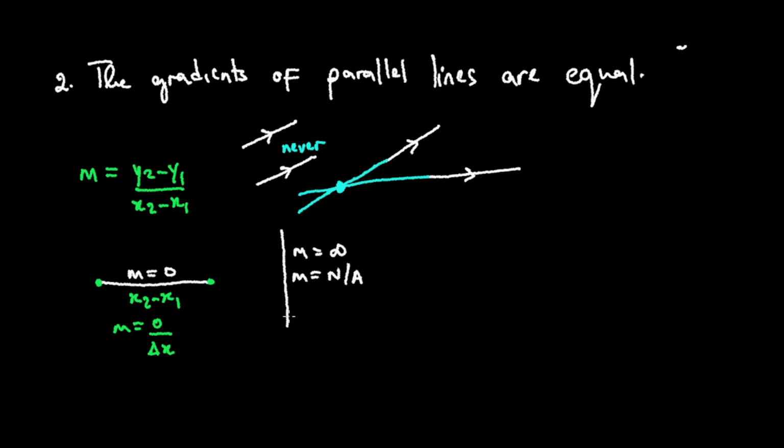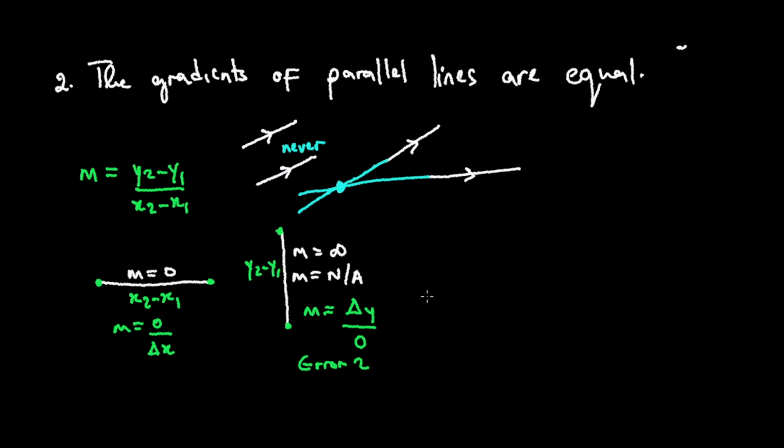But on a vertical line, y is changing, y2 minus y1, but x is not changing. It's 0. And when you divide by 0, you don't get an answer. So this is important, although the reasons are not material; they are just there to steer your interest.